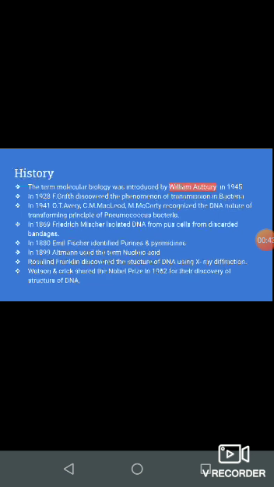Coming to some historic events in molecular biology, the term molecular biology was introduced by William.